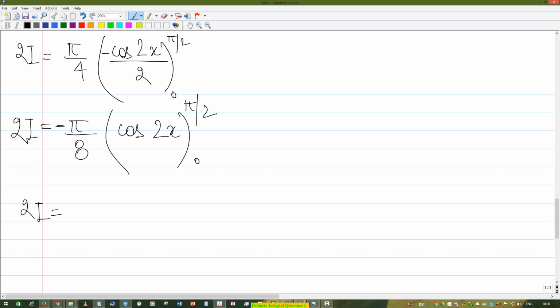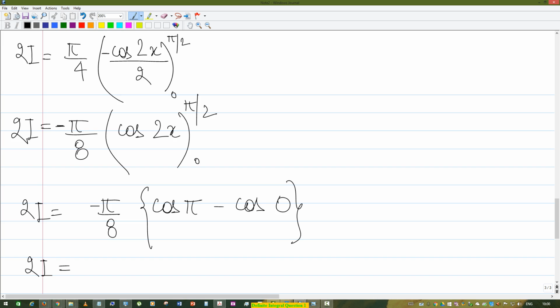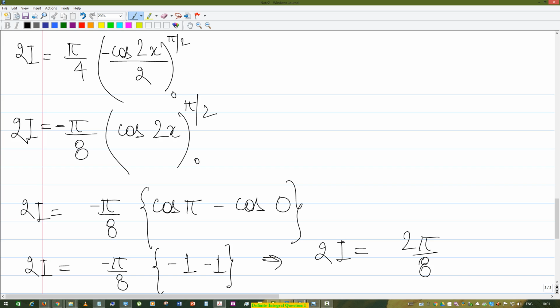So 2I is equal to minus pi over 8, and evaluating the integral, this will become cos of pi minus cos of 0. This is simply a very simple calculation, there is nothing so intriguing in it. So cos of pi, we know that is minus 1, and the value of cos 0 is 1, but with this negative sign it will become minus 1, and what we are left with is 2I is equal to 2 pi over 8.